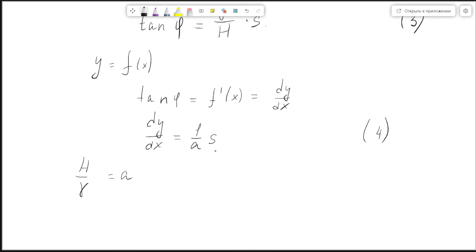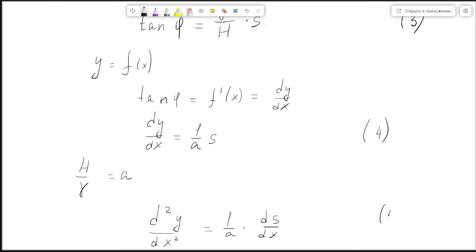Differentiating both sides of formula 4 with respect to x, we find the second derivative of y with respect to x equals 1 over a times the first derivative of S with respect to x.